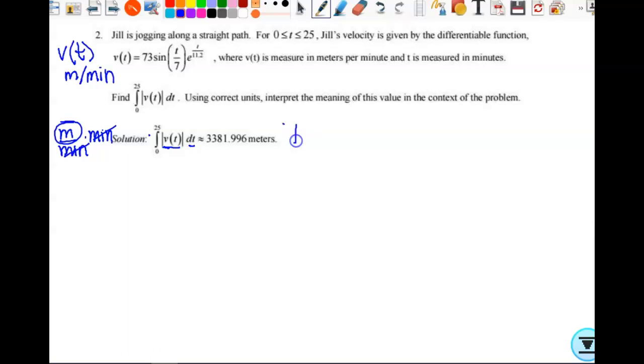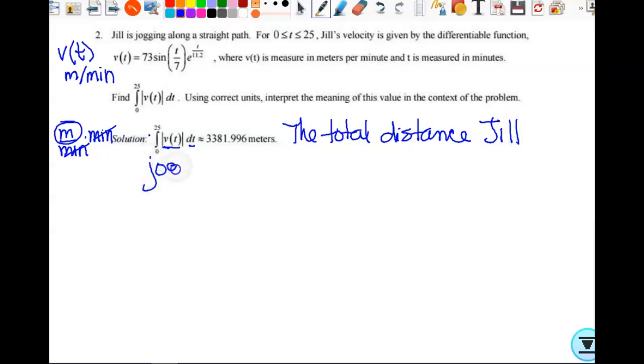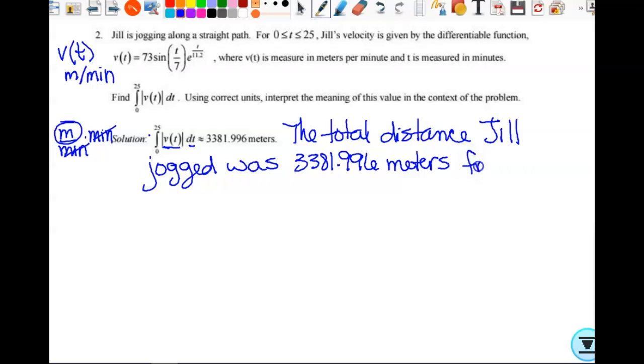The total distance Jill jogged was 3381.996 meters on or over or for, however you want to say it, or we can say from.